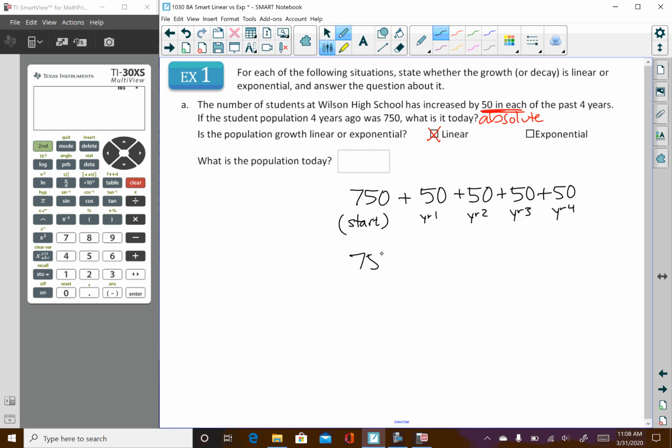Or another way of thinking about it would be plus 50 times 4 for the 4 years. So either way that you think about it, you get a total of 950 students.